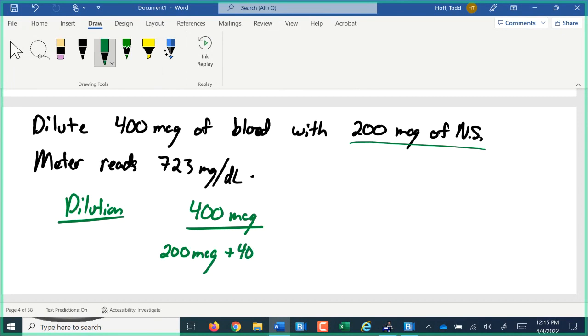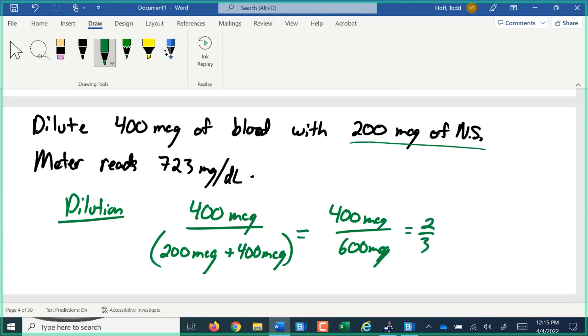So on the bottom here, it's not just the 200, it is the 200 plus the 400 micrograms of blood to get a total volume. This is 400 micrograms to 600 micrograms. Of course, the micrograms cancel out, and that gives us a 2 to 3 dilution, or a 2 in 3 dilution.